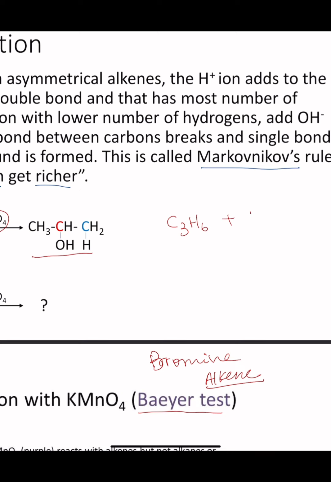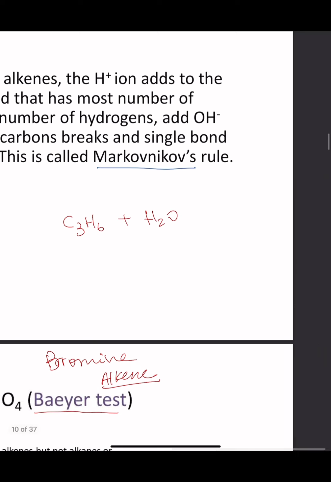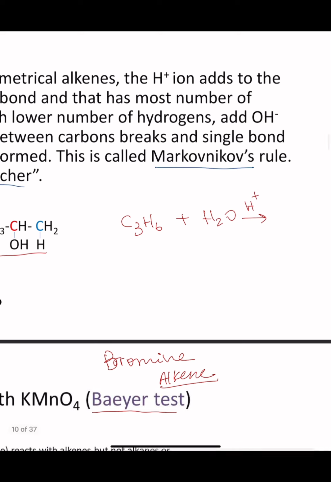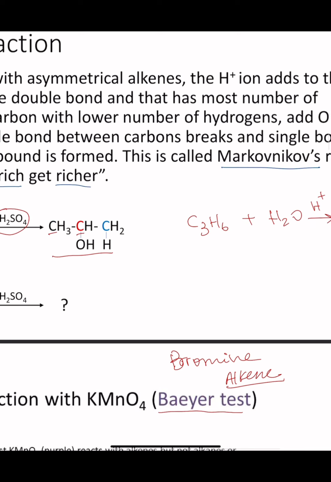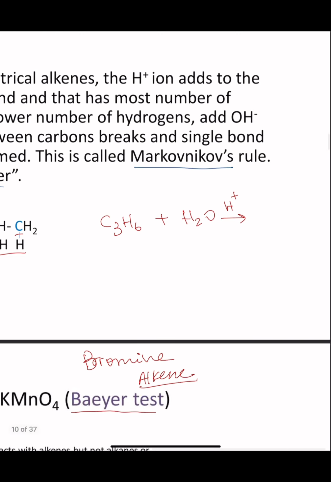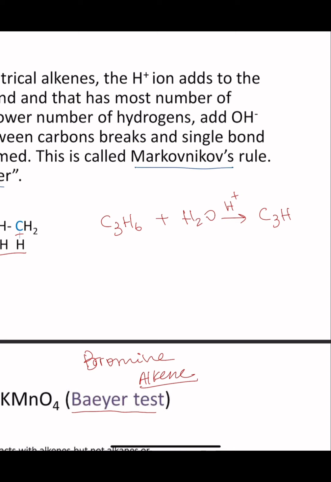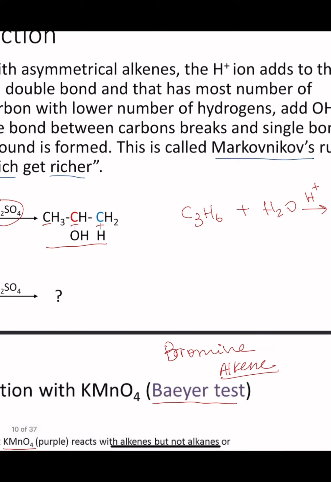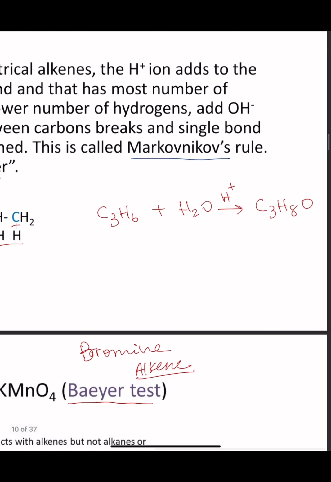C3H6 plus H2O under acidic condition, and you get, as a product, 3 carbons, 8 hydrogens, and O: C3H8O.